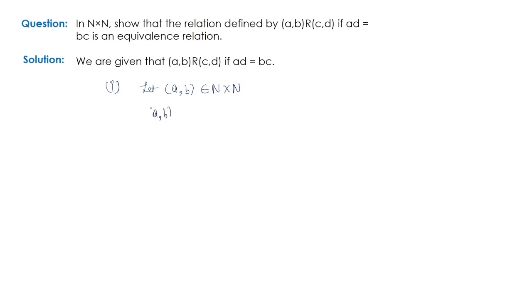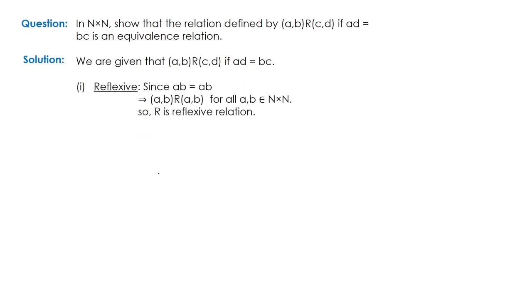A comma B is related to A comma B. It implies that the first element will multiply with the second element of the second ordered pair: A into B is equal to the second element into the first element of the second ordered pair. It becomes B times A, and they are both integers, and we know that integers are commutative in nature. So this is true, and hence my relation is reflexive.